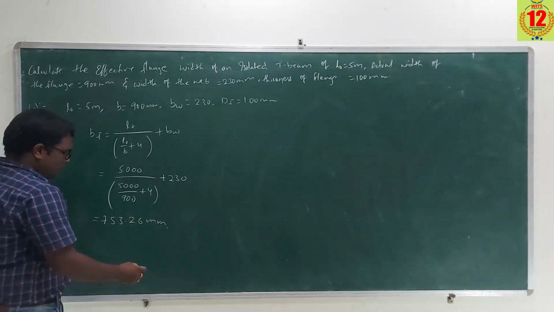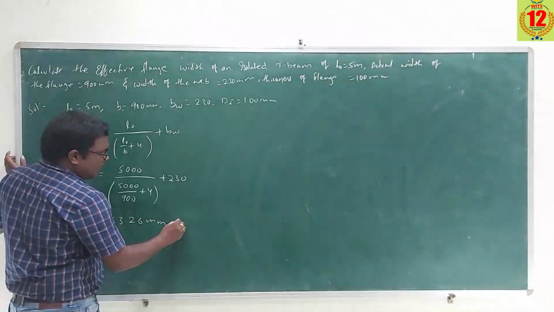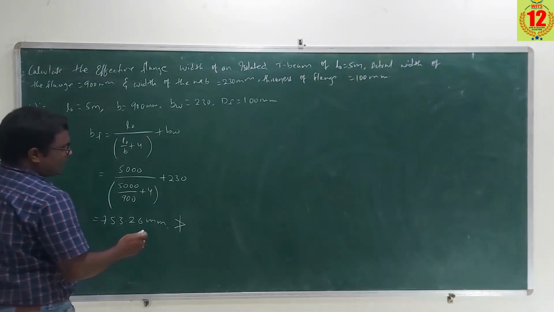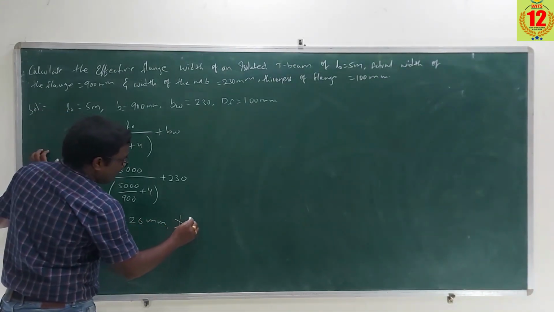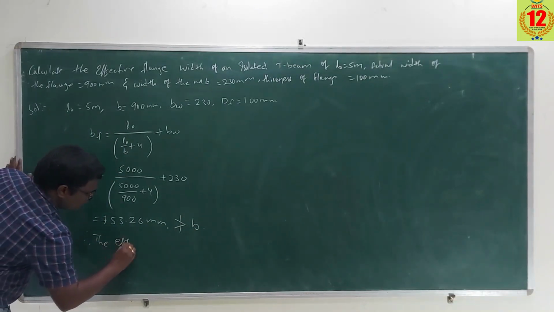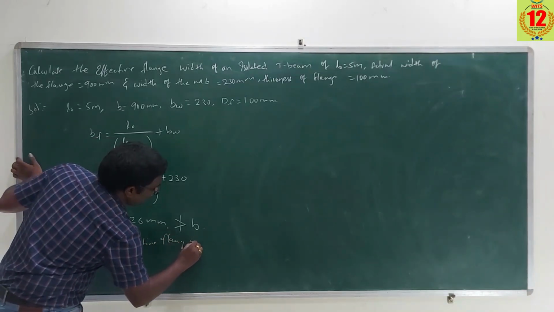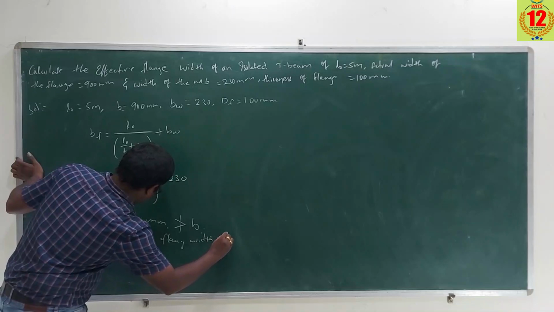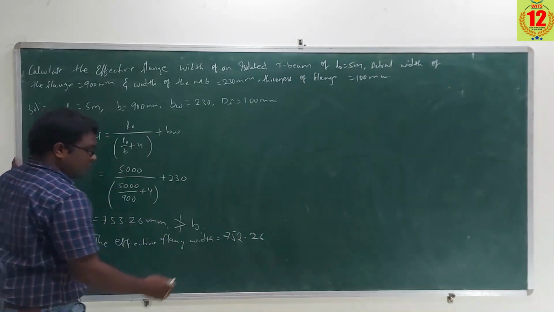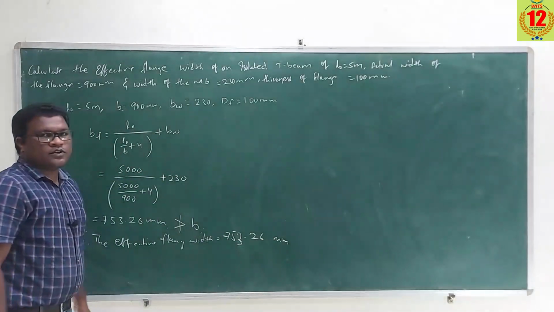This is the effective flange width, which is not greater than the width B. Therefore, the effective flange width equals 753.26 mm. This is the solution of this particular problem.